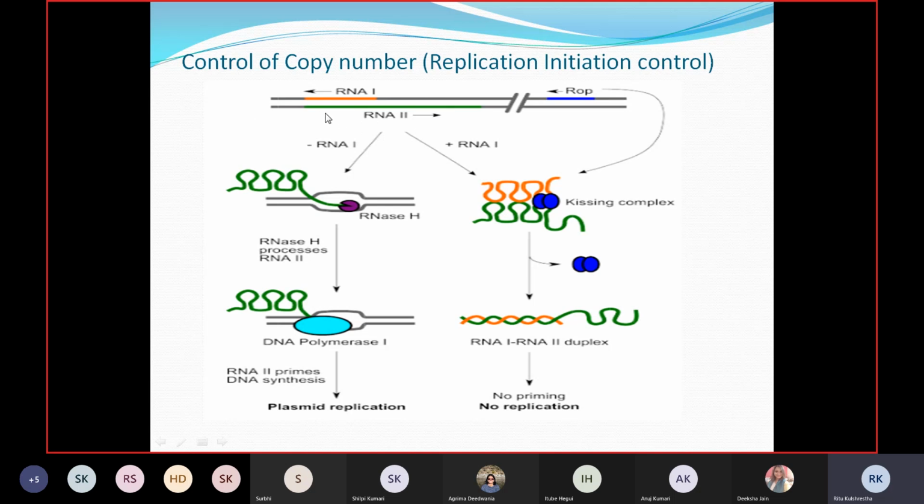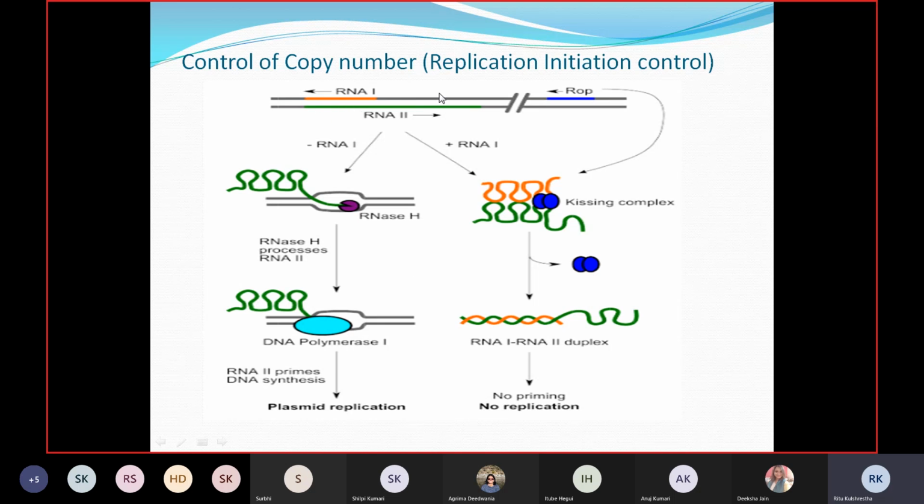Now you can see that the 5' end of this green RNA2 transcript is complementary to RNA1. So it is an antisense, its promoter is here, and the transcript is made like this. So this region is complementary.